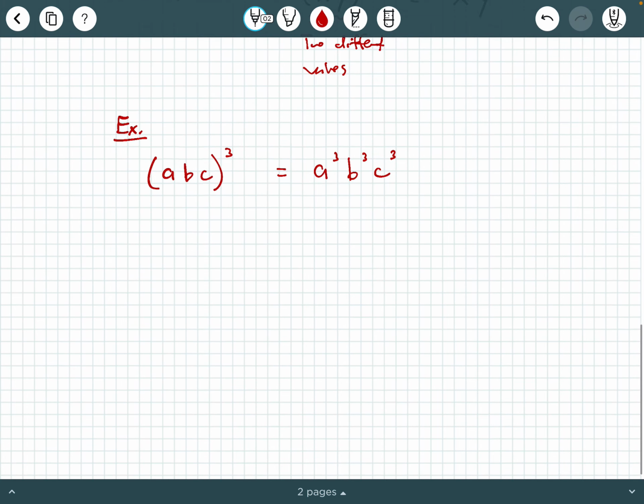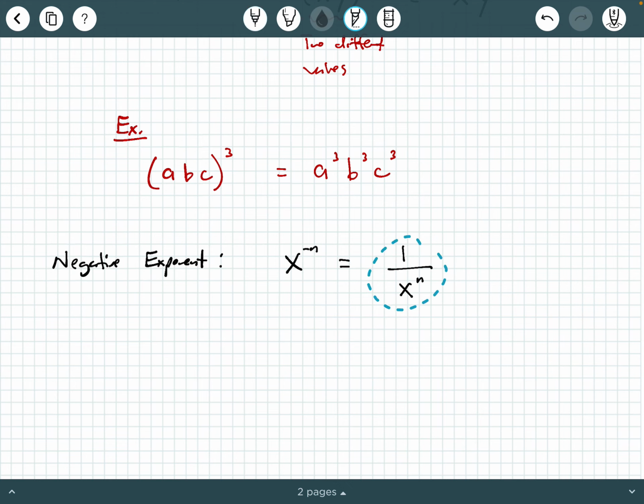The next property we have is properties of negative exponents. So what happens when you have a negative exponent? For example, x raised to the negative n power. Well, that's equal to 1 over x to the positive n power. So what you do is you take the reciprocal of the base and you make the exponent a positive value, okay?